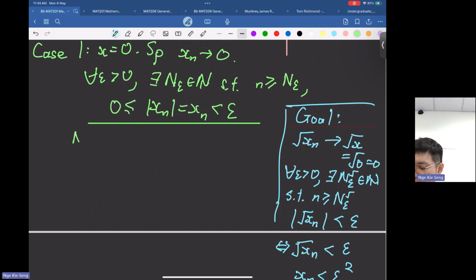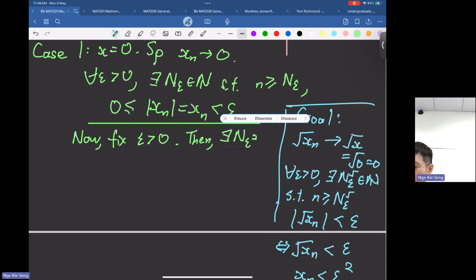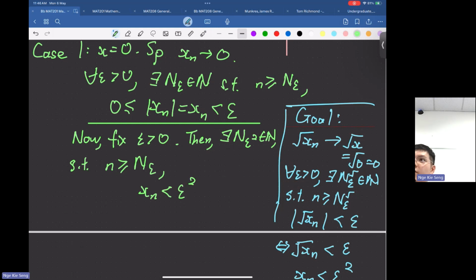Now we need to fix epsilon greater than 0, because our goal is to show it for all epsilon. Then there exists an N, depending on epsilon squared, such that if n is greater than or equal to N epsilon, we have x_n less than epsilon squared.